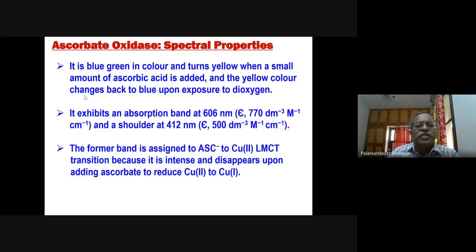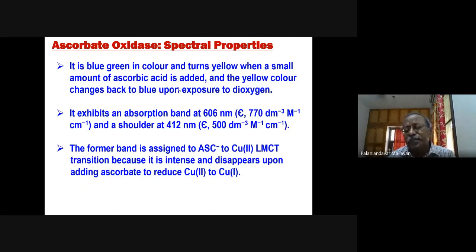So the enzyme is blue-green in color. It turns yellow when a small amount of ascorbic acid is added. When the substrate is added, the yellow color changes back to blue upon exposure to dioxygen. So this is the enzyme activity. You can also take a banana, cut it open, add some citric acid, and then show the brown color to your students and children, how it is browning.